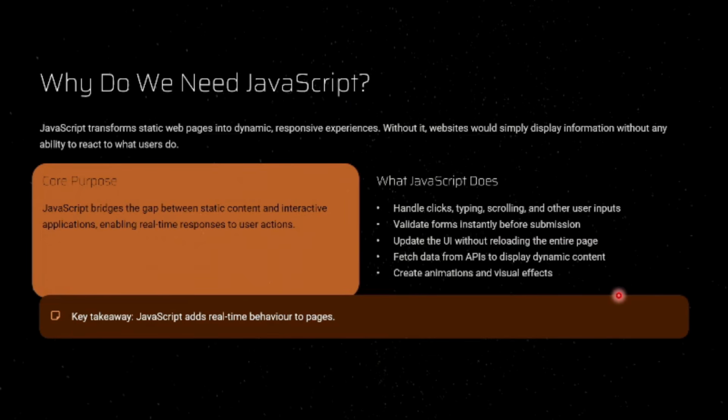That's the main thing. JavaScript does a lot of things like handling click events, typing, scrolling, validating a form, and updating the UI without even reloading the entire page. It also helps us to fetch APIs, which you'll see in the Angular course, where we will talk a lot more in depth.